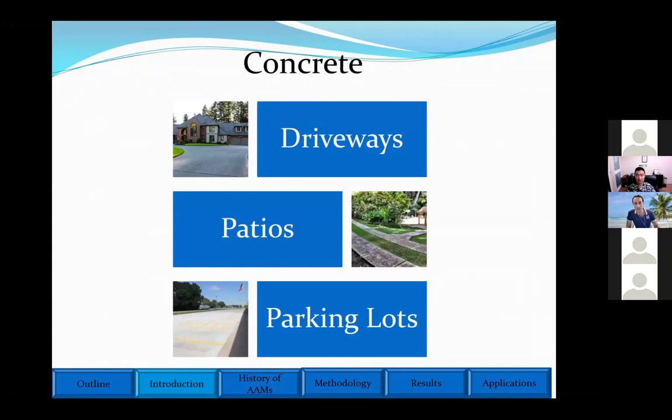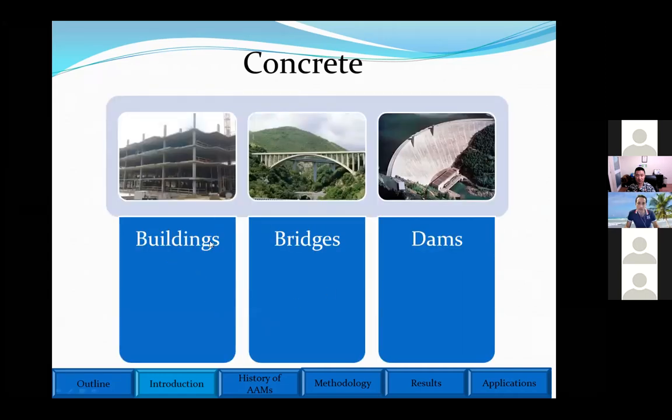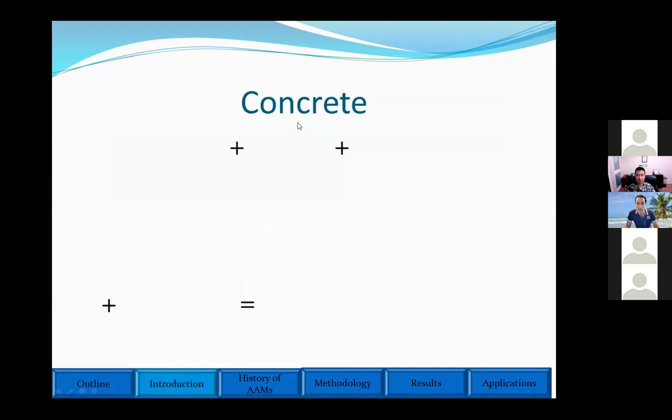We could expect it because we can see concrete almost everywhere, in driveways, in patios, in parking lots, in buildings as columns, beams, slabs, foundations, shear walls, in bridges, structural and non-structural components and elements of bridges, and these nice dams, all of them fabricated with this material, concrete.